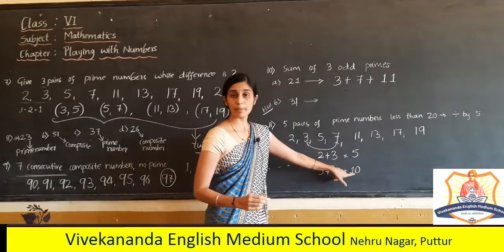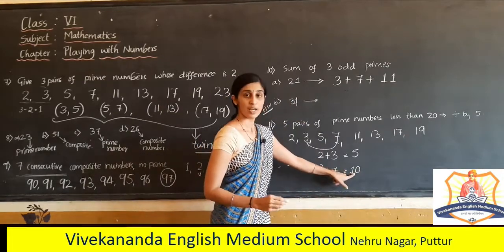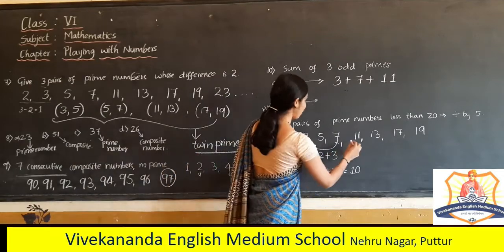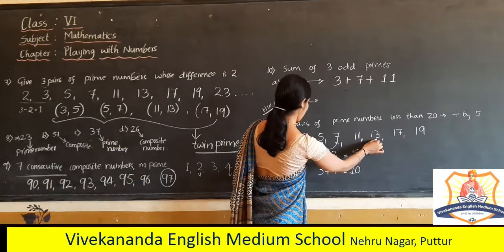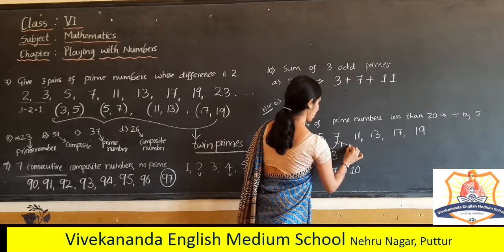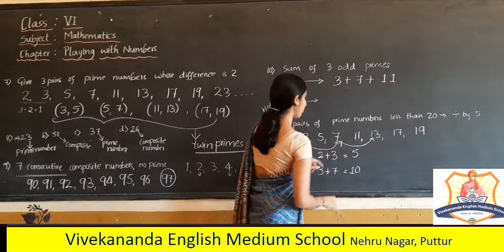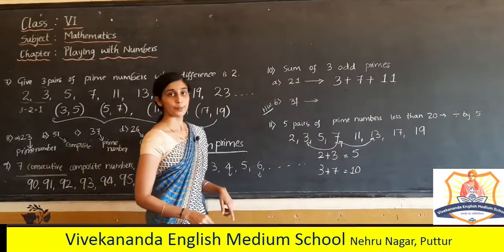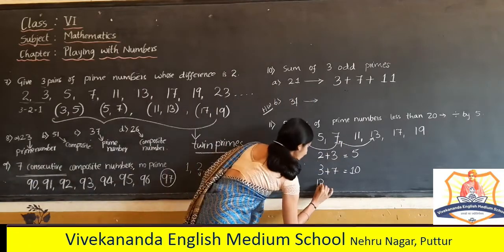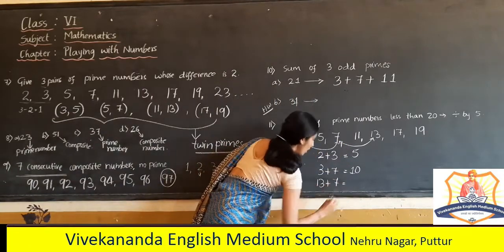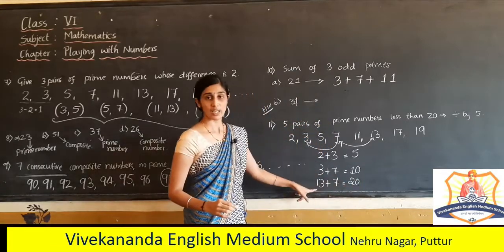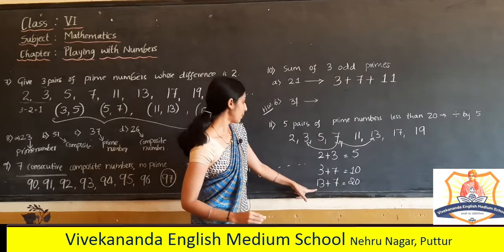Is this divisible by 5? Yes, 10 is divisible by 5. Which is the next pair? If I take 13 plus 7, how much? 20. Is this divisible by 5? Yes, it is divisible by 5.